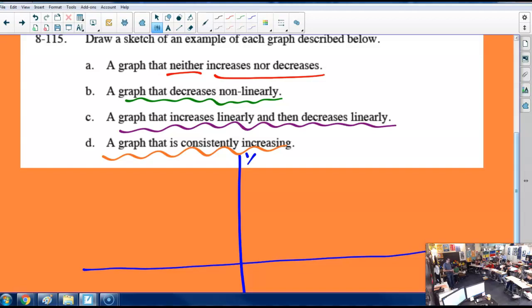Hazel? A horizontal line. Now, some of you said the x-axis. Yeah, sure, your line could be the x-axis, but as long as this is neither increasing or decreasing, that is an example of my line A.